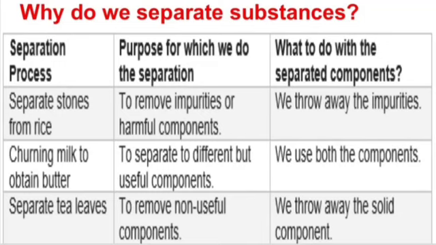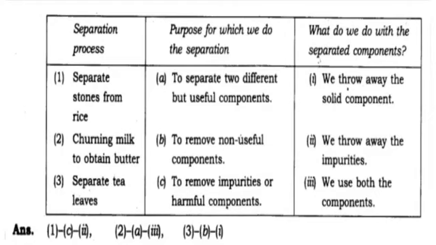However, the information given in column 2 and 3 is jumbled up. Now, can you match each process with its purpose and the way separated components are used?